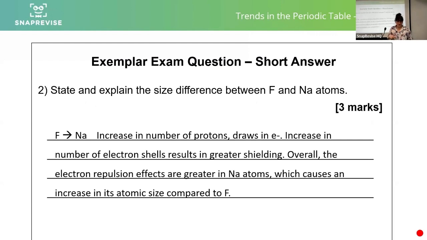There's an increase in the number of electron shells as well. So we go from fluorine down to sodium, and we've added an electron shell. That means there is greater shielding. You can also talk about there being greater electron repulsion between electrons, but shielding is usually the word they're looking for in an exam. Overall, the electron repulsion effects, so the shielding, is greater in sodium, which causes an increase in its atomic size.